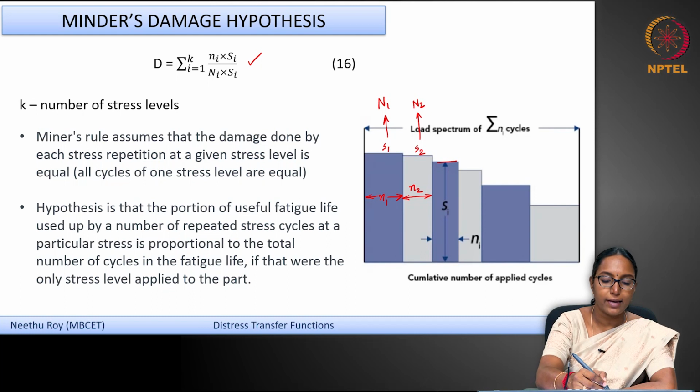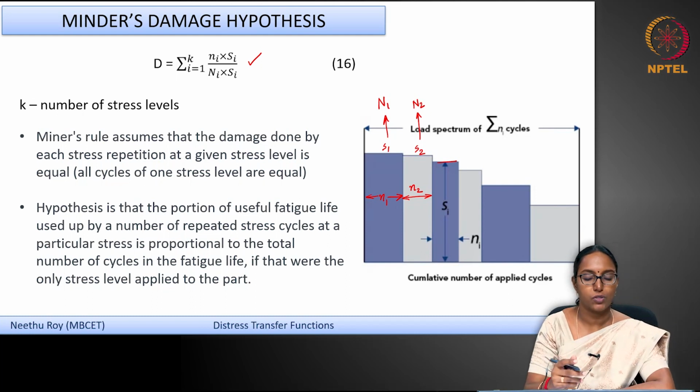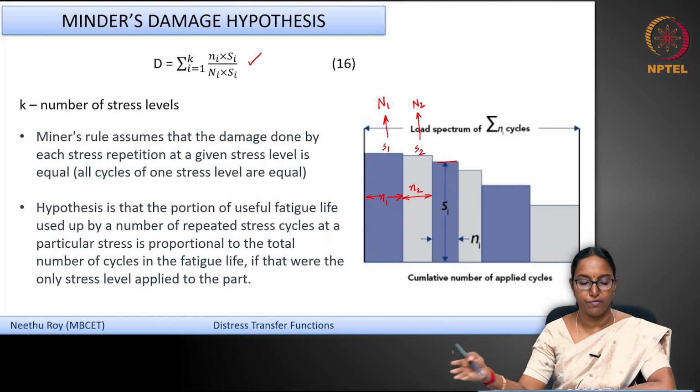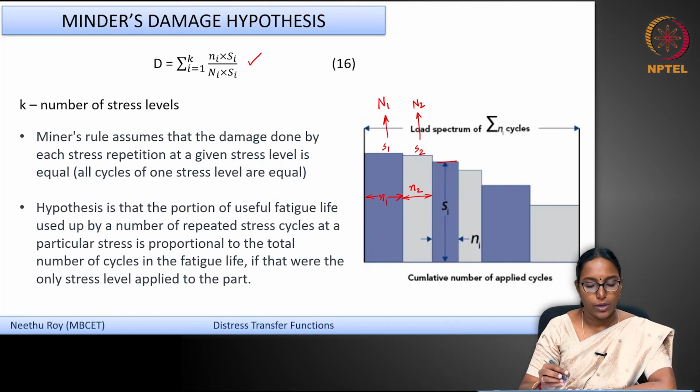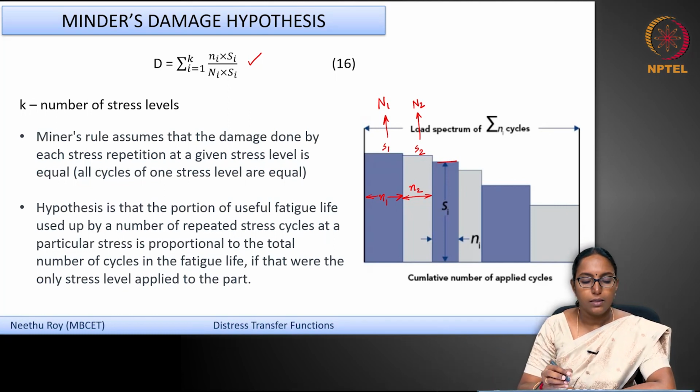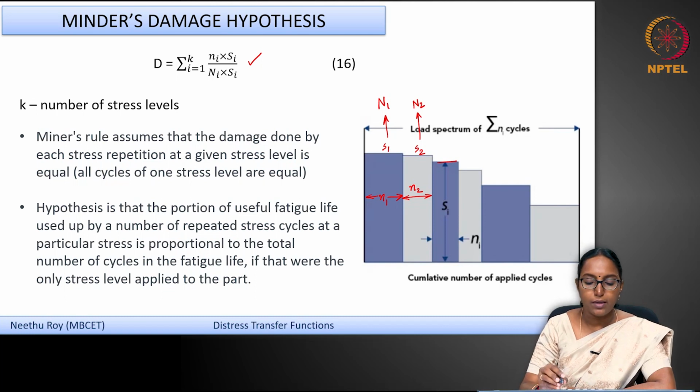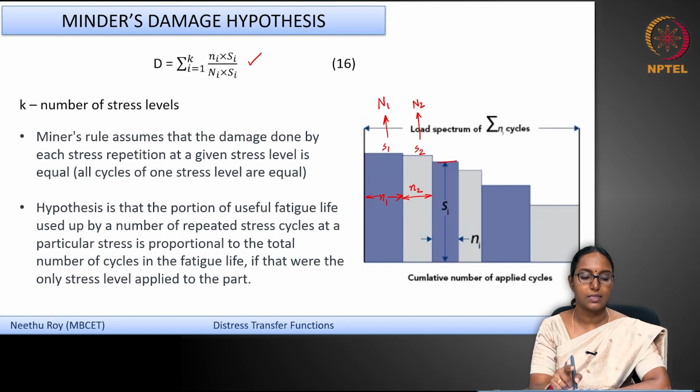So, small n_i by capital N_i essentially gives you the proportion of the damage accumulated because of each stress level, where you have k number of stress levels. Miner's rule essentially assumes that the damage done by each stress repetition at a given stress level is equal.